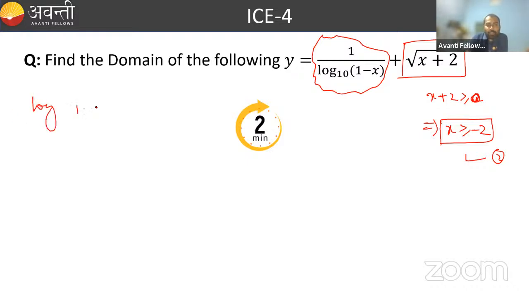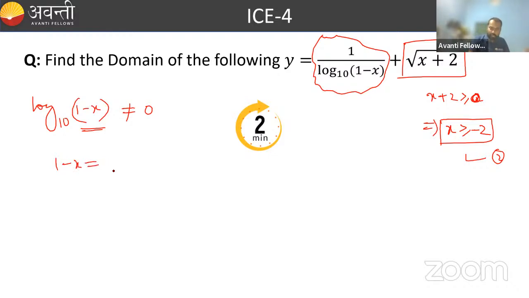Log of 1 minus x to the base 10 must not be equal to 0. So when will log of 1 minus x to the base 10 be 0? When the argument becomes 1, when 1 minus x becomes 1, it becomes 0. Log of 1 is 0.